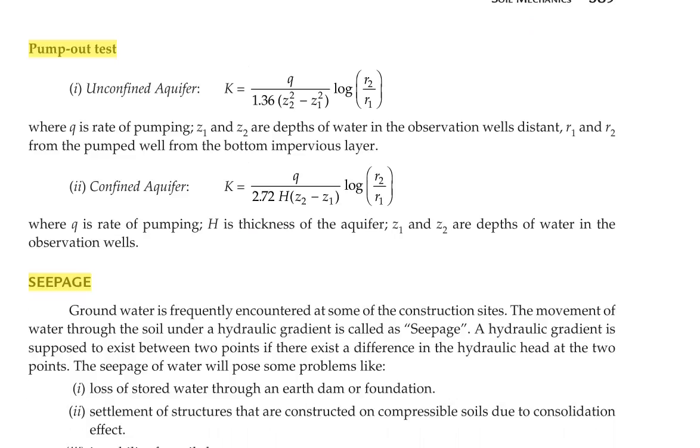Second one, confined aquifer. In confined aquifer, the formula for coefficient of permeability K is equal to Q divided by 2.72 H into (Z2 minus Z1) into log R2 divided by R1, where Q is the rate of pumping and H is the thickness of the aquifer. Z1 and Z2 are the depths of water in the observation wells.